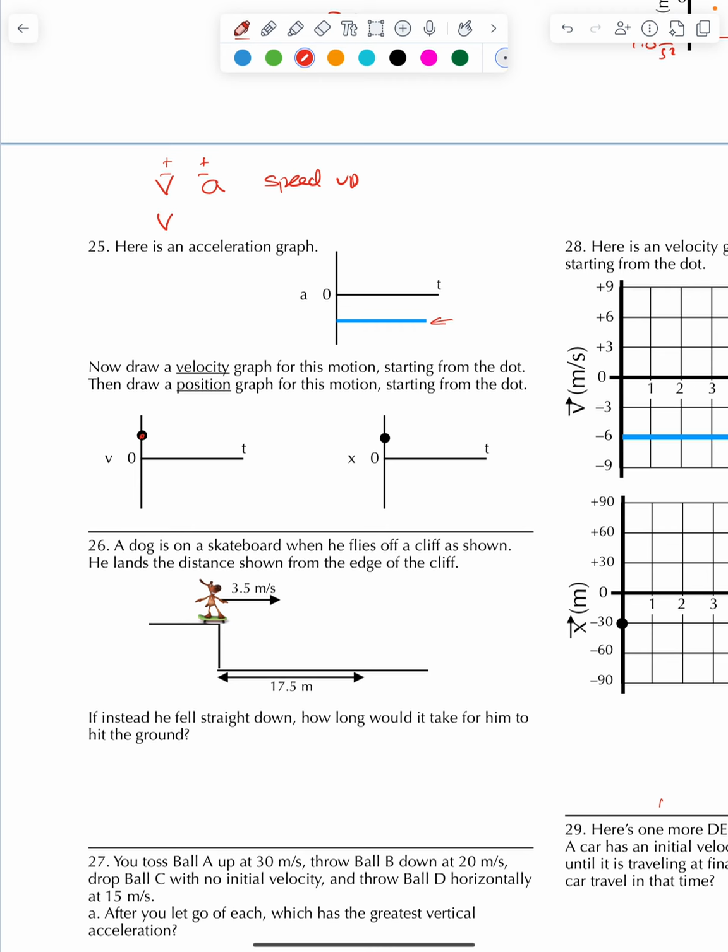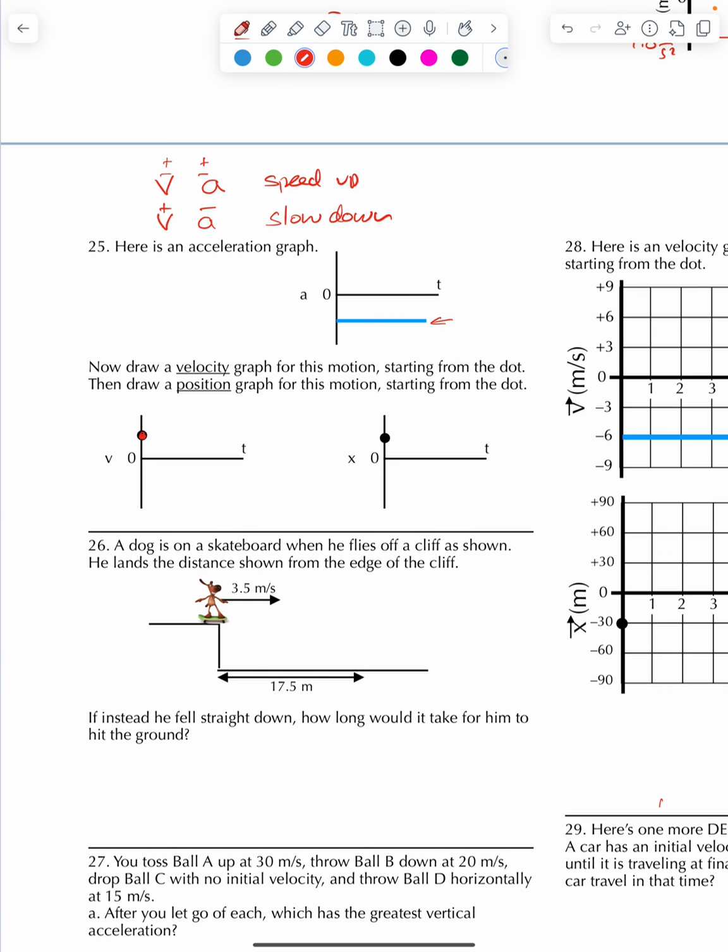But if your velocity has the opposite sign of your acceleration, that means you slow down. So that's the significance of the sign of acceleration. If the sign or direction of your acceleration matches your current velocity, you're going to speed up. If it's the opposite sign, opposite direction, you slow down.